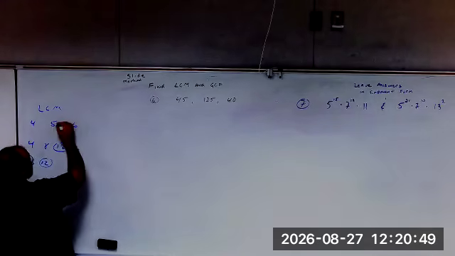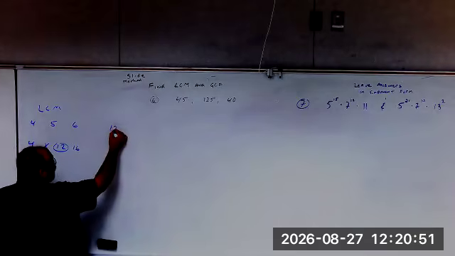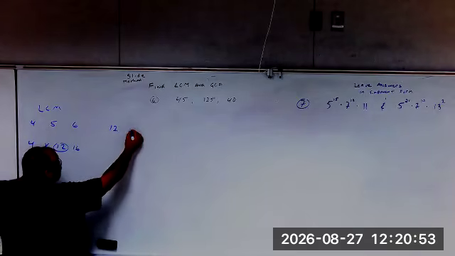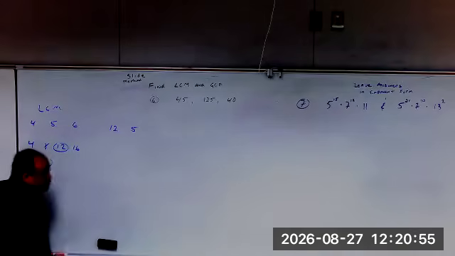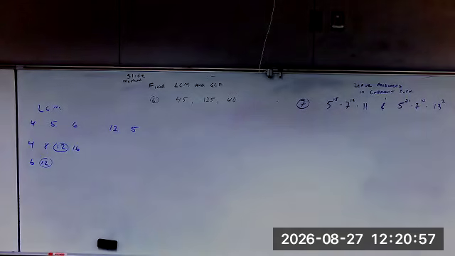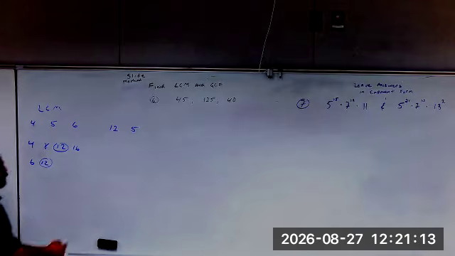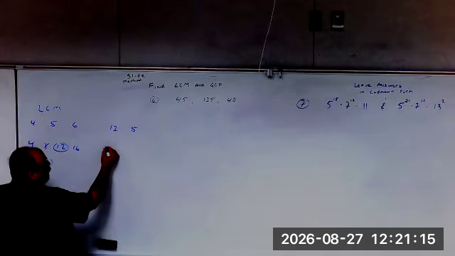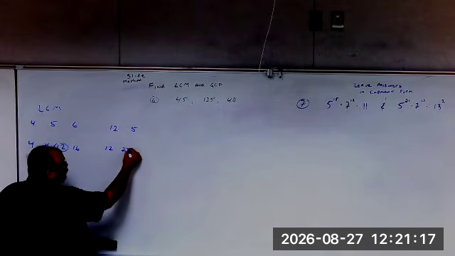Now I have to find the least common multiple for that 12 and the 5, because I already know that 4 and 6 are going to divide into 12. If I can find the least common multiple for that 12 and the last one, 5, then 4, 6, and 5 all go into it. So I can go 12, 24, 36, 48, and then 60.